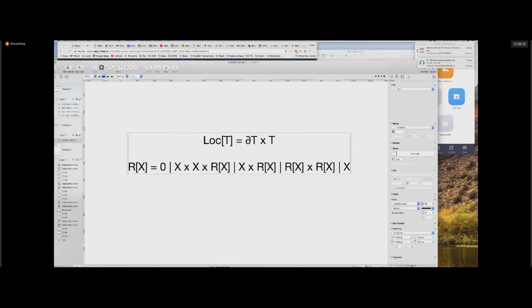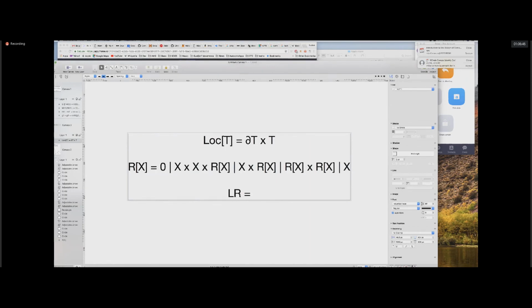Okay, so now what we want to do is to make a new calculus where the calculus is instantiated. So we'll call it L of R, or just LR.